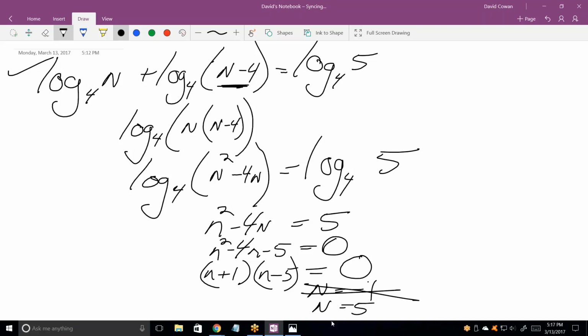And almost always, one of those answers violates the domain. So you have to figure out which one. It isn't always the obvious one. It isn't always the negative number that violates the domain. My domain might be 3 minus x, so a negative x would not violate that domain. So you have to just test it.